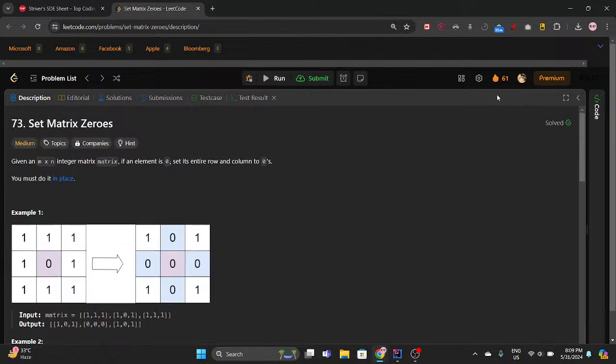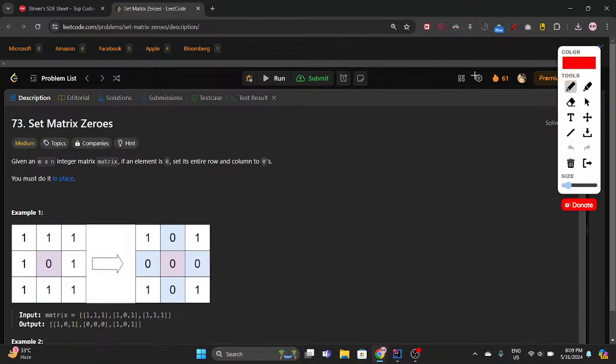How does this go? Where is my marker? Yes, set matrix 0, M into N. If an element is 0, set the entire row, okay. So here what we have to do is do some in place changes.